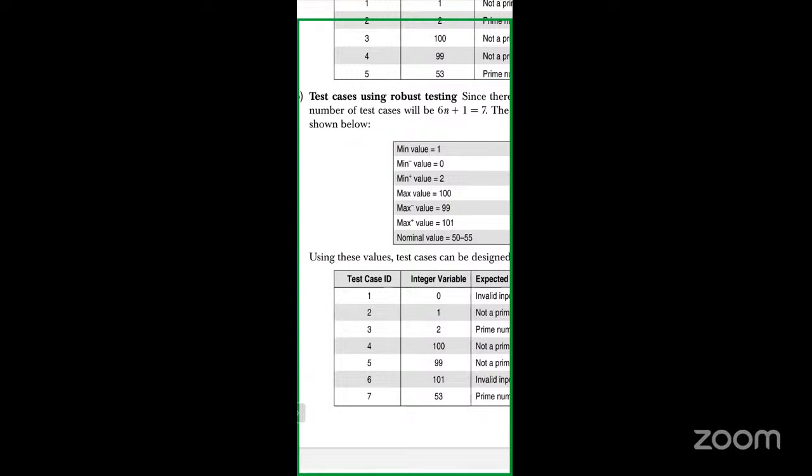Apart from those, 0 and 101 are included in the test cases. That is the only difference in the second case.